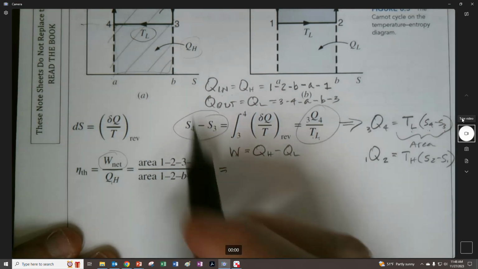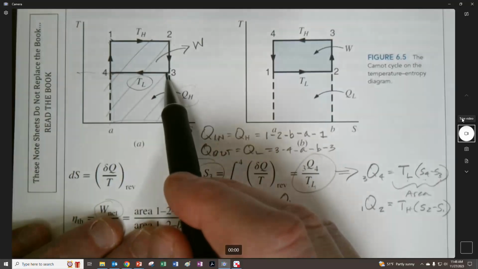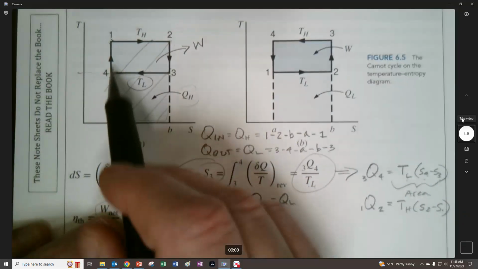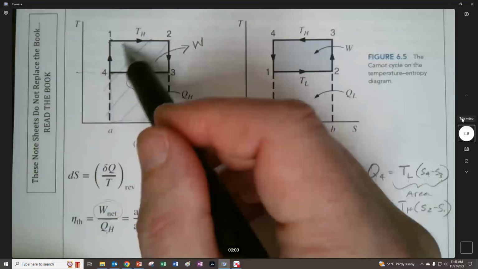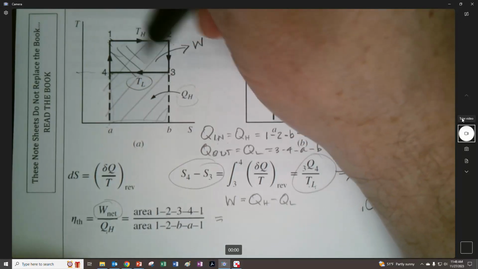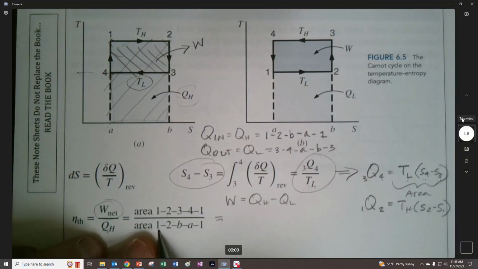So let's take a look at what the work is. The work is going to be 1 to 2, 2 to 3, 3 to 4, 4 to 1. That's what that describes, right? So that's this guy right up here. That's the thing that we want. And we define that by this QH right here.